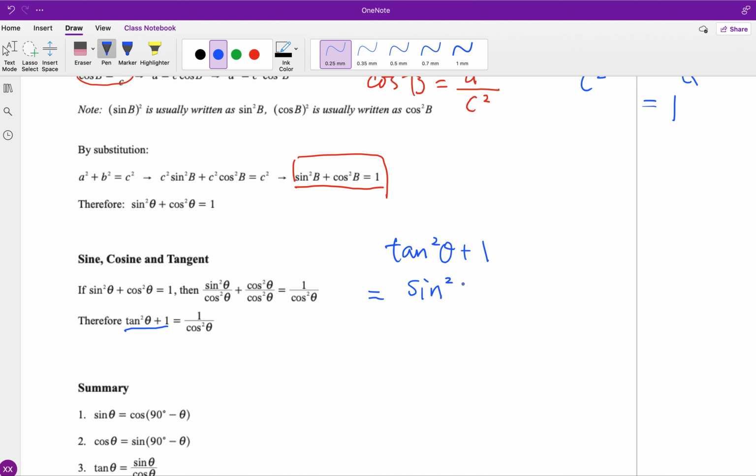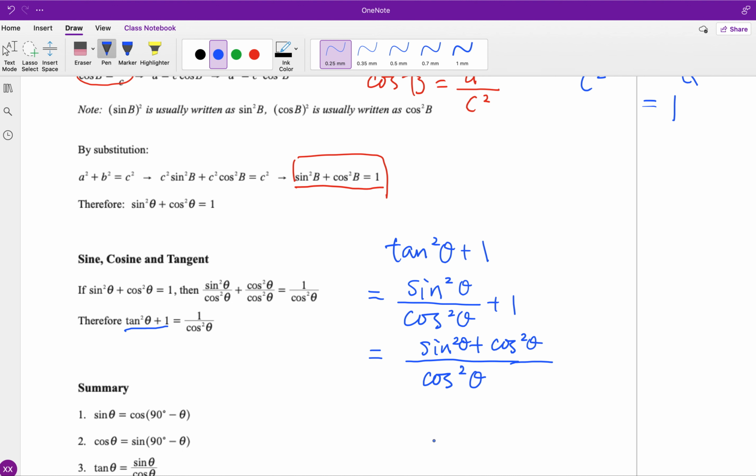So this means sine square theta over cosine square theta, plus 1, right? Well, then we're using a fraction plus a whole number, so the common denominator is cosine square. So now we have sine square plus 1 over cosine square. I sometimes just do not write this angle.